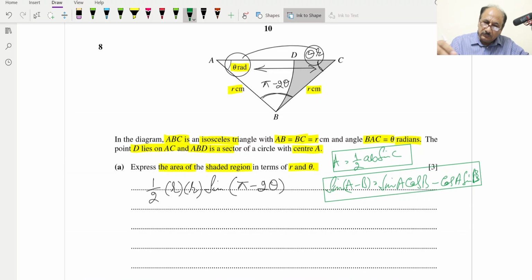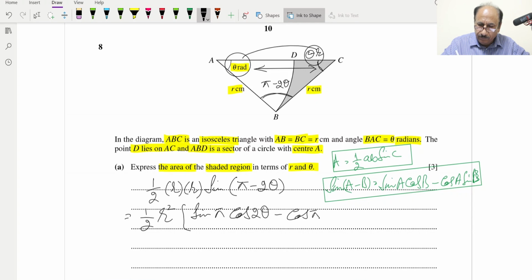Now next we can write it as 1 by 2 r squared, and we can write separately sine A cos B. So cos B will be cos of 2 theta, minus cos A, meaning cos of pi, and sine of 2 theta.